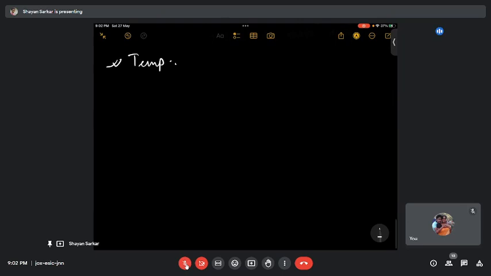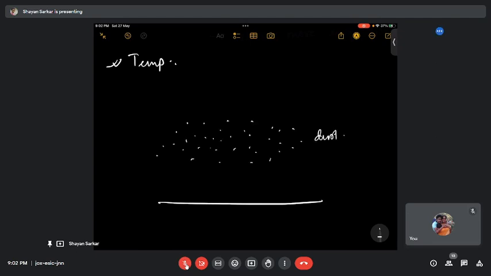We all know that in atmosphere there are many microparticles, right? There are many. Okay, and these particles absorb. This particle can absorb water vapor. Okay, water vapor.